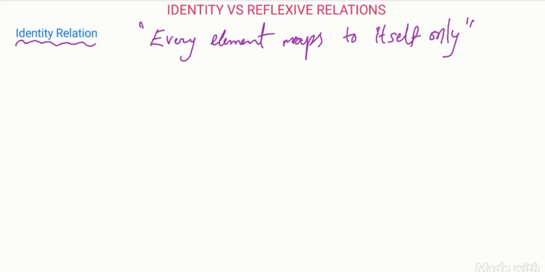Suppose a set contains A. Suppose an element small a in capital A, then there must exist (a, a) in the relation IA. IA is called the identity relation on A. If a belongs to A, then (a, a) belongs to that relation IA.